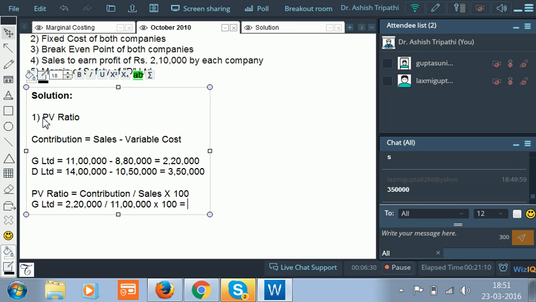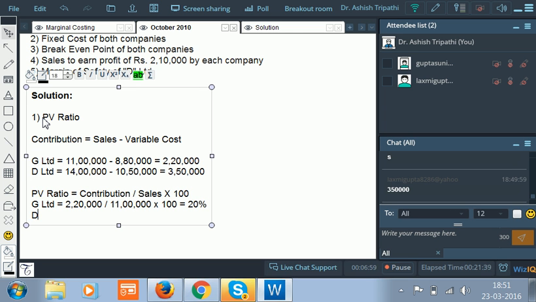So 2,20,000 into 100 divided by 11 lakhs gives 20%. I hope even you are getting this 20%. So this is the PV ratio for G Limited.